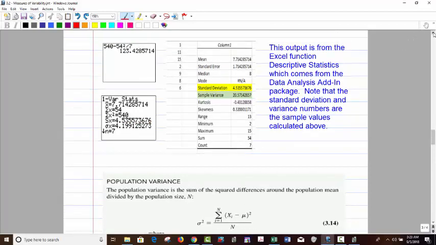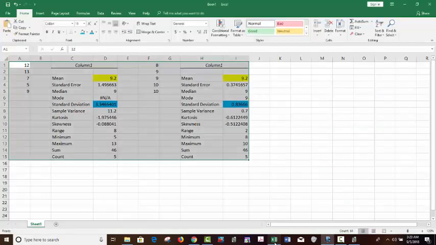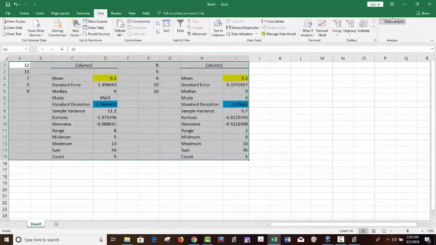Now in Excel, of course, you can't use Excel for any in-class exams, but for anything that's not in-class, homework or whatever the case may be, you can do it this way if you want to. Now you have to check and see if Excel's data analysis is there.